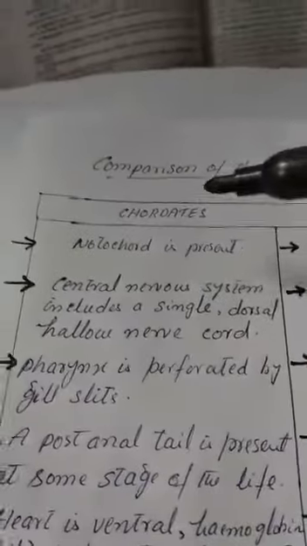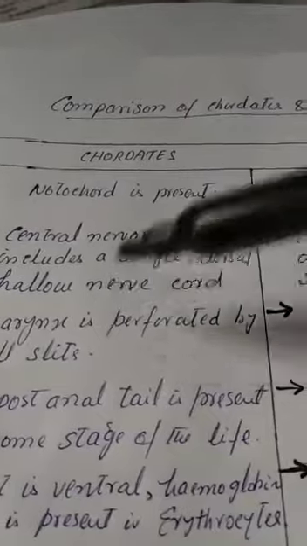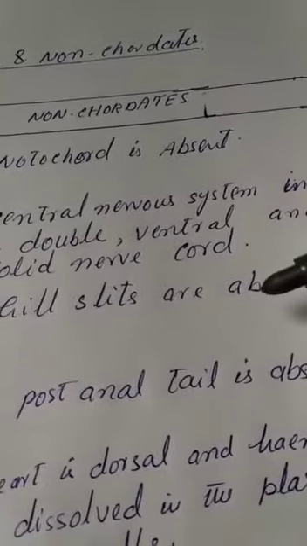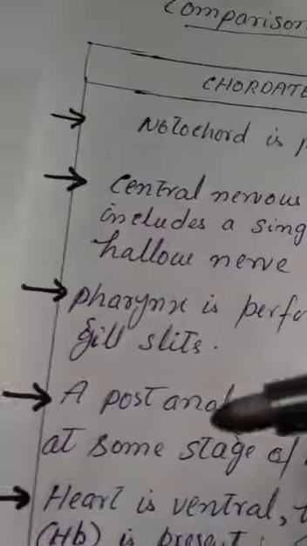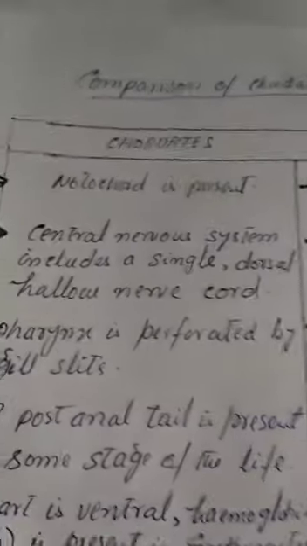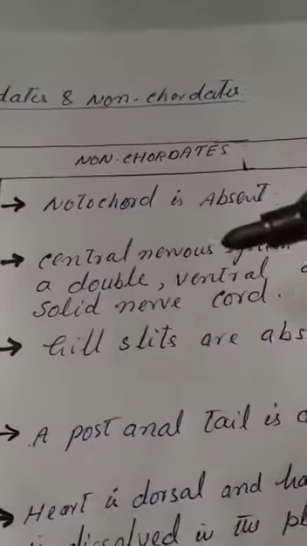Thirdly, the pharynx in chordates is perforated by gill slits, whereas in non-chordates gill slits are absent. Also, in chordates a post-anal tail is present at some stage of life. A post-anal tail is absent in non-chordates.